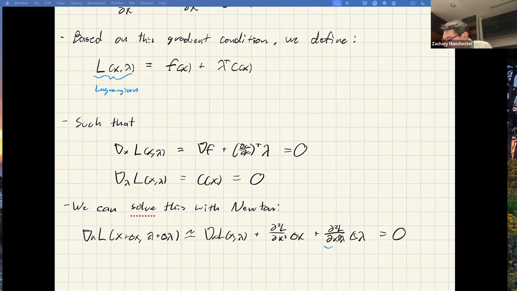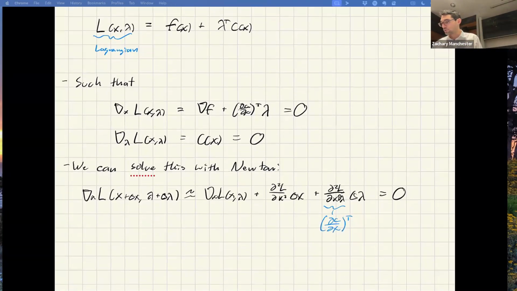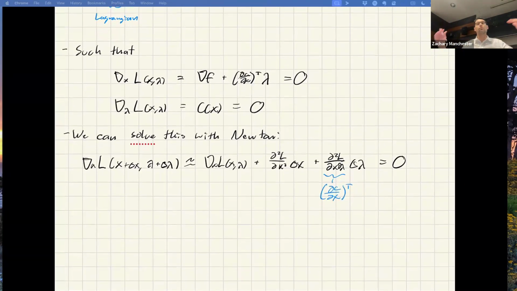The second term, what's that second term? Looking up here, if I take the derivative with respect to lambda, I just get back the constraint. And I take another derivative of that with respect to x, so that's just the constraint Jacobian. So this is partial c partial x transpose. Cool. So that's the first row of our Newton thing.